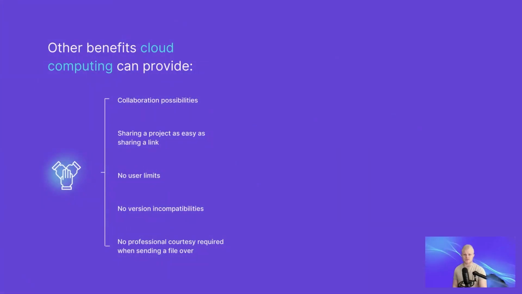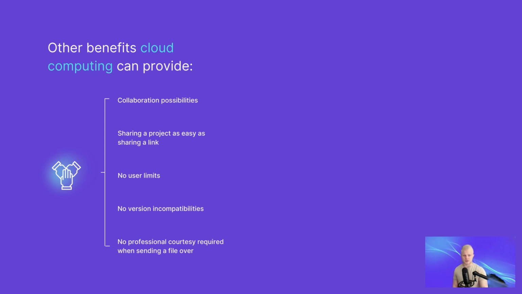Yep, but as I promised, speed and scalability is not the only benefit that can come from the cloud. So let's go over some of the other benefits that can arise either from the cloud inherently, or more specifically from Quantside. One of the more cloud-inherent benefits is collaboration.